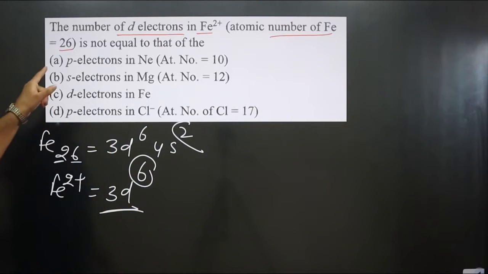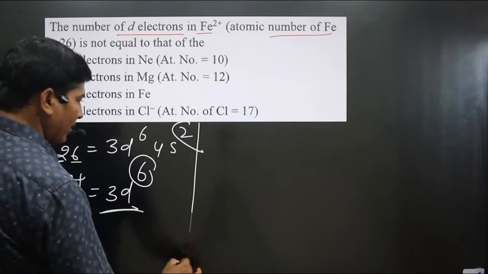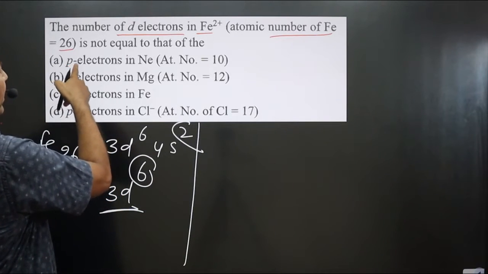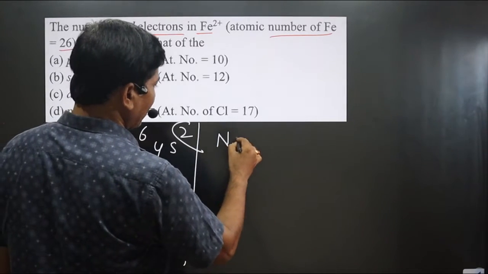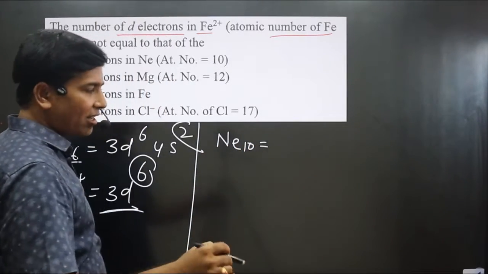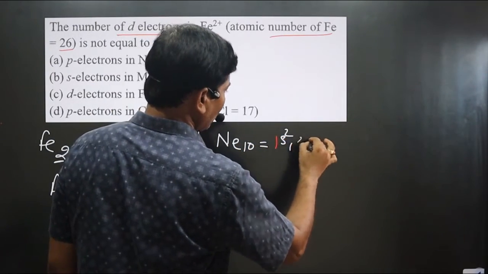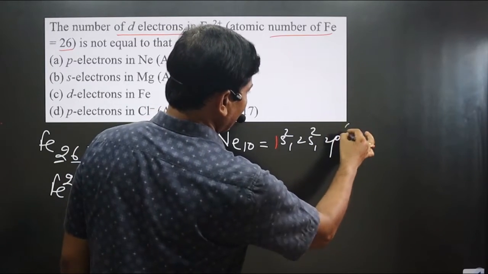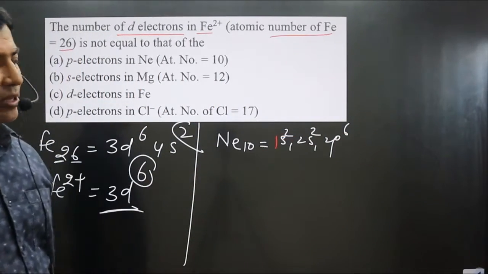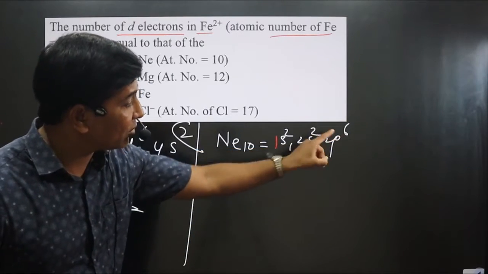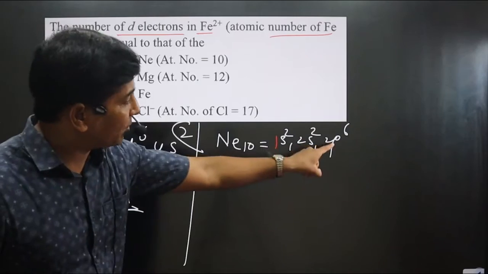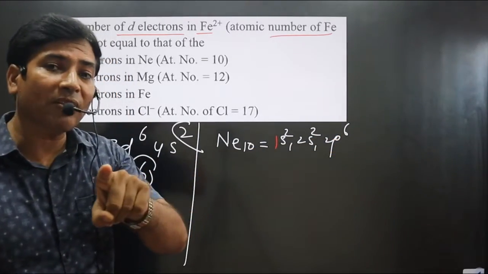Now we move on to the first option. In this case we have p electrons in neon. Neon atomic number is 10. If you write the electronic configuration, 1s2, 2s2, 2p6. We got 10 electrons. It says p electrons in neon. In p orbital, how many total number of electrons are there?